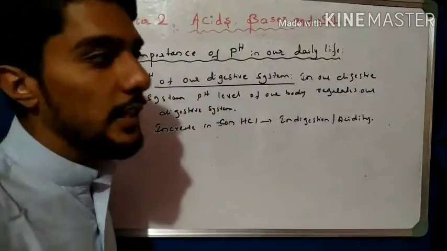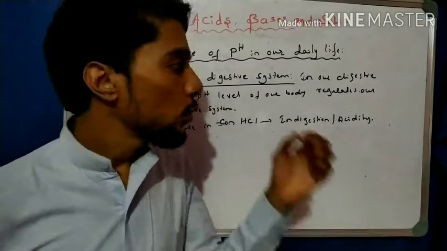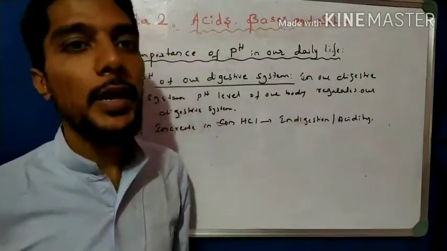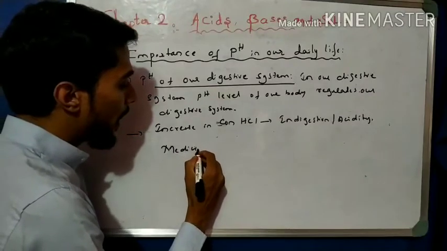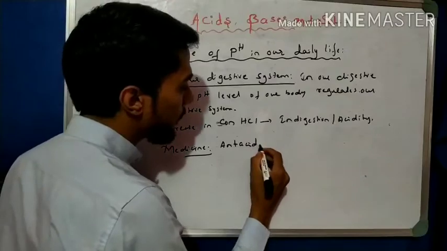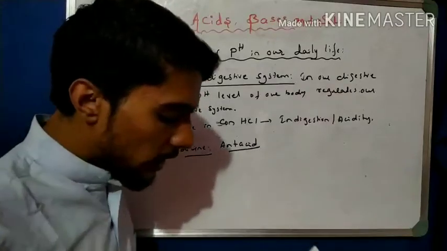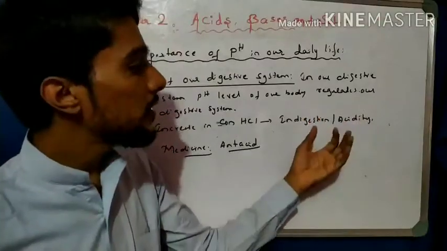In acidity, we feel a burning sensation. To get relief from this pain, we use a medicine called antacid. Antacid is a medicine used to neutralize the excess acid.